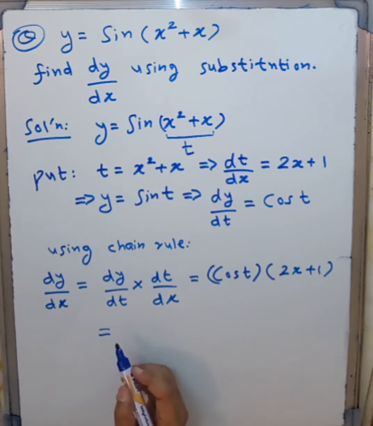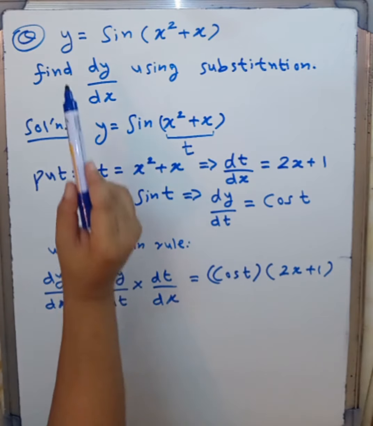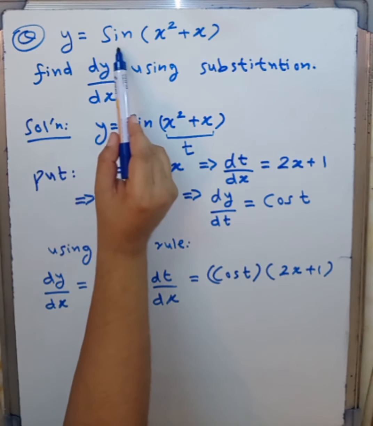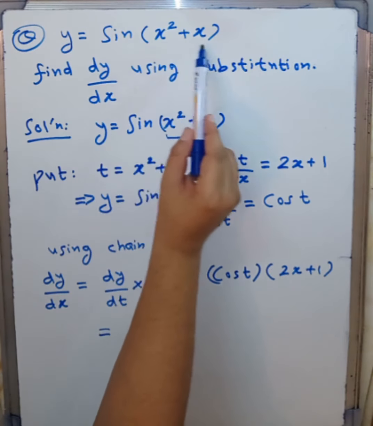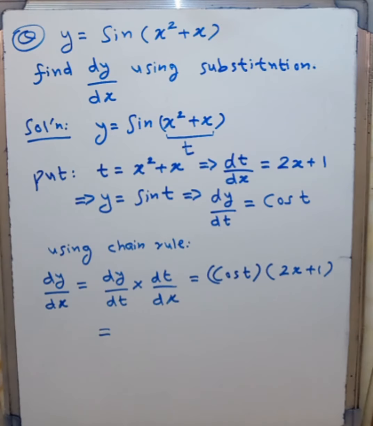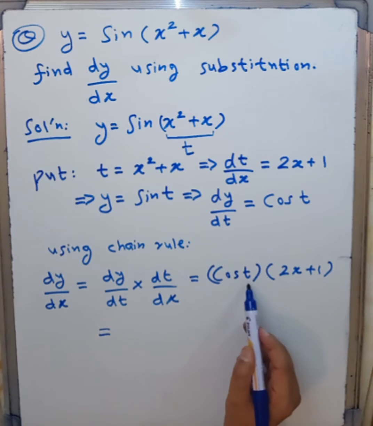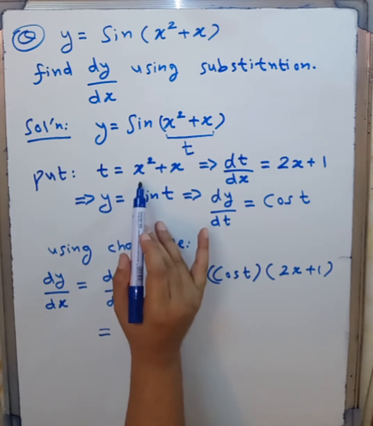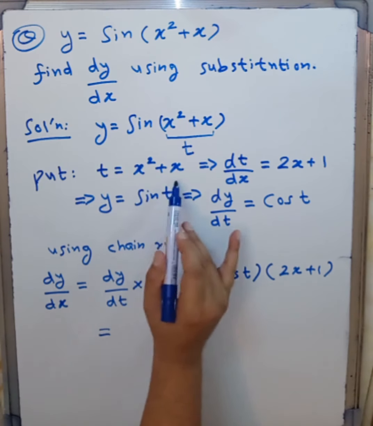And because in the question the function is given in terms of x, the final answer should also be in terms of x. So therefore we will put the original value of t, that is t is equal to x square plus x.